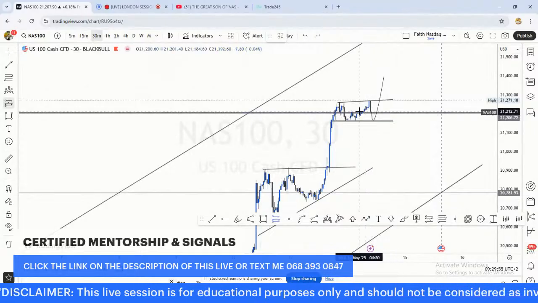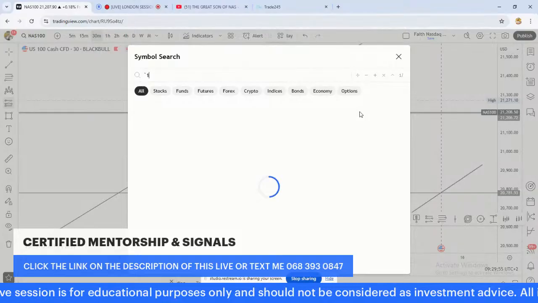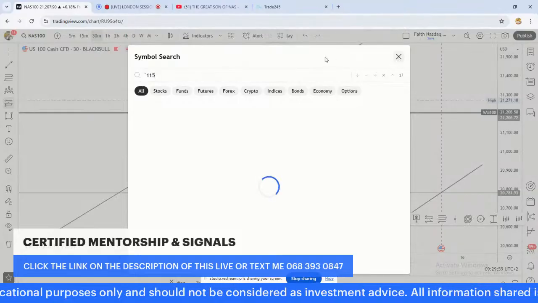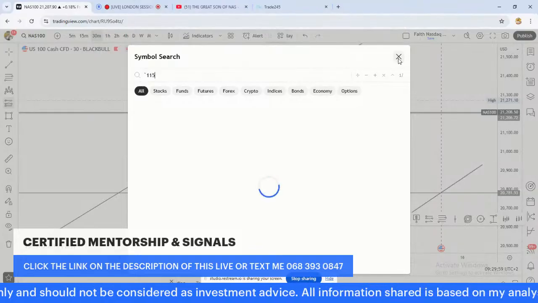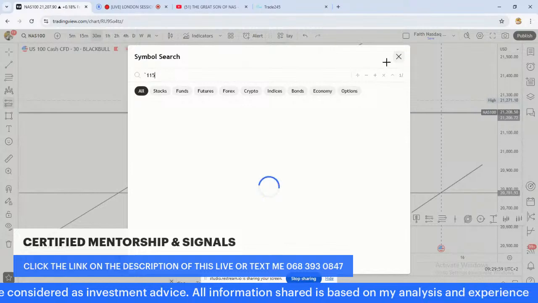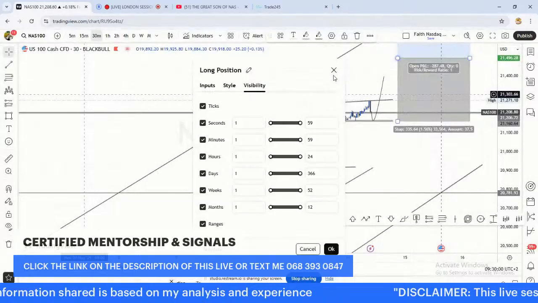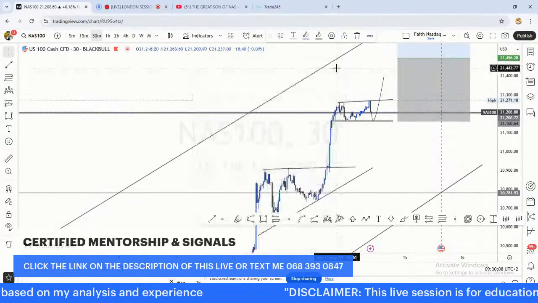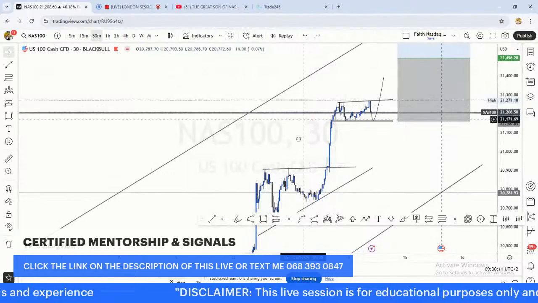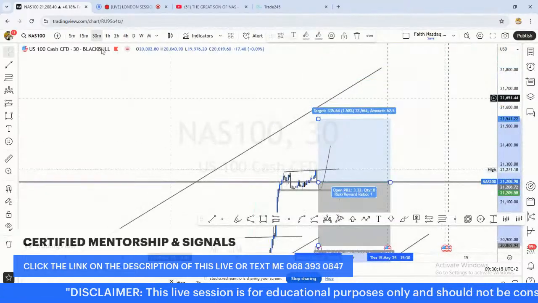Okay, let me show you guys, because remember, you need to be wise with your entries, man. What is happening with this now? I want to show you something.